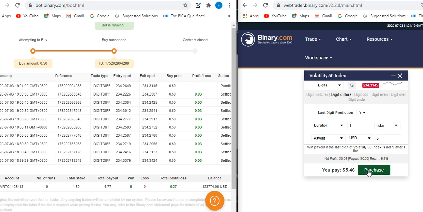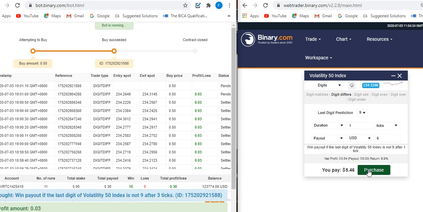Watch carefully. Already you are getting $0.30 profit.